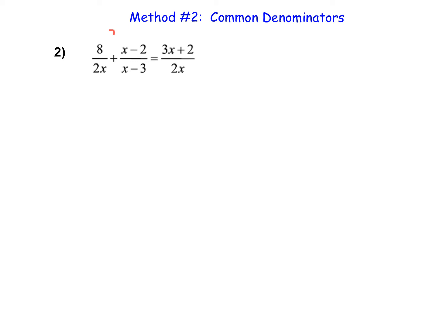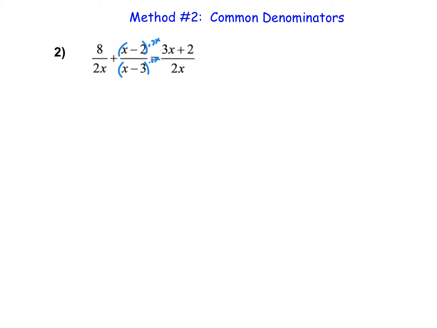So what I notice when I look at this problem is that we are close to having common denominators here. When I look closely at this, I notice that these two already share a 2x. So that means that this middle fraction here needs to be multiplied by 2x to get there. And then I also notice that there's only one thing besides the 2x, and that's the x minus 3.